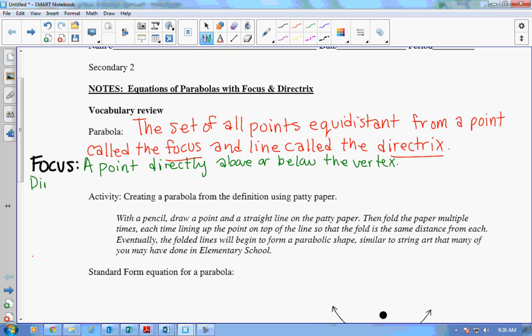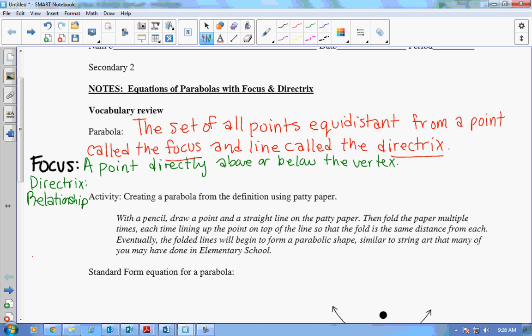Okay, a directrix. This is the focus-directrix relationship.